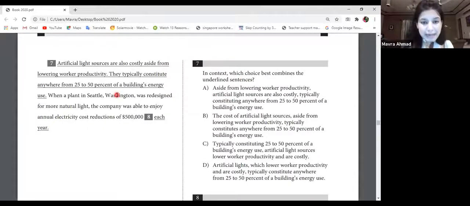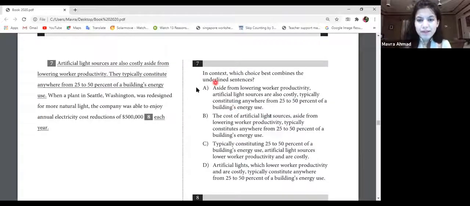सो कीपिंग दैट इन माइंड, we are going to read out all of the options and see which one makes the best choice. A. Aside from lowering worker productivity, artificial light sources are also costly, typically constituting anywhere from 25 to 50% of a building's energy use.